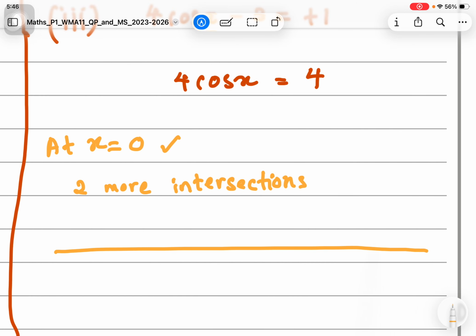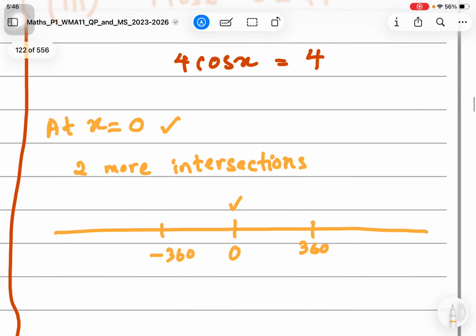So we know 0 is there. In negative 360 to positive 360 there was 1 solution and there was one, so altogether 2 solutions, and multiples repeated to this thing, and 1080. Here it will be negative 720 and this is negative 1080.